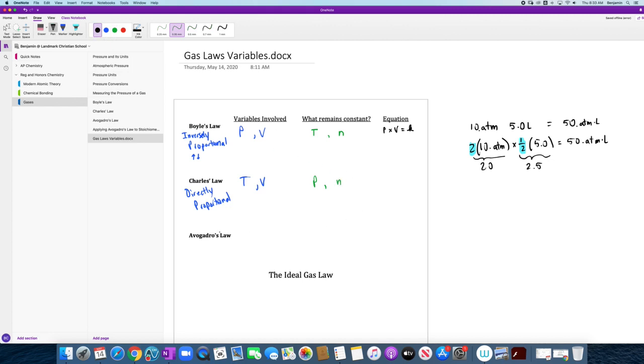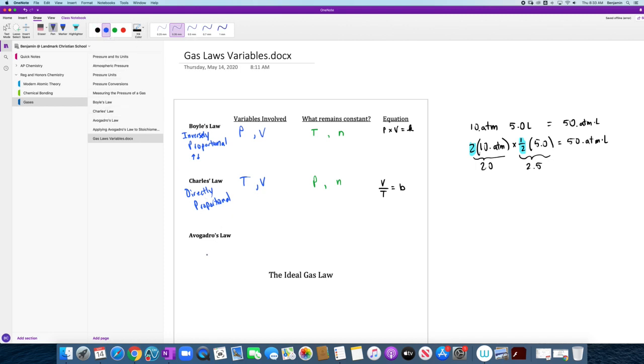Now, we didn't write it out this way in class, but you can also say that volume over temperature is a constant. And I'll use a different letter for this constant, just the letter B. Okay? So volume and temperature are the variables, and B is some constant. All right? Directly proportional relationship.